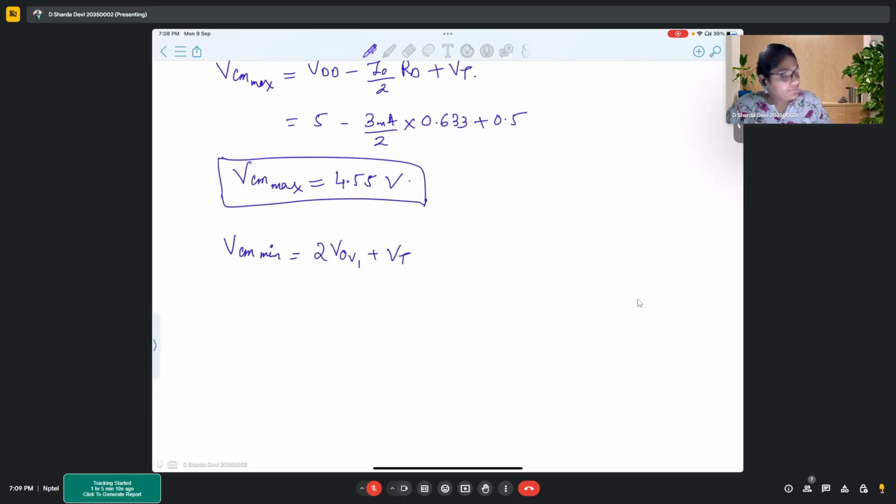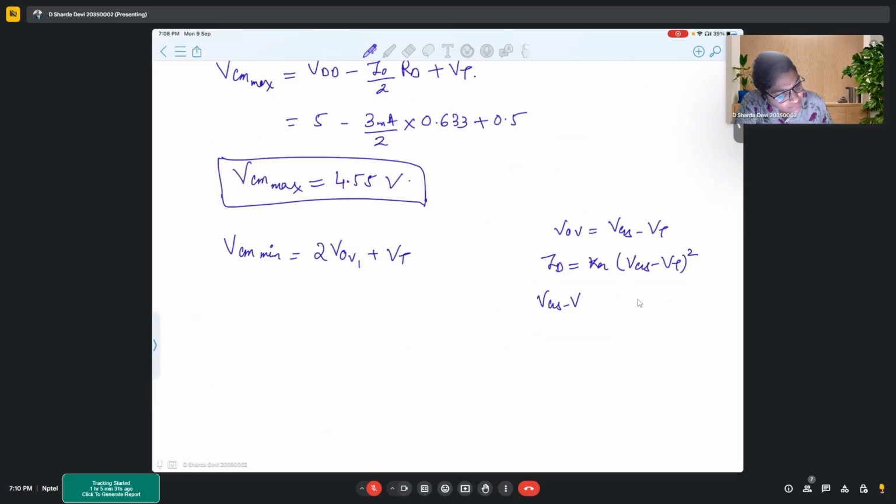So VOV is VGS minus VT. So VOV, ID we know, ID is Kn VGS minus VT whole square. So VGS minus VT, that is VOV, can be written as root under ID by Kn.